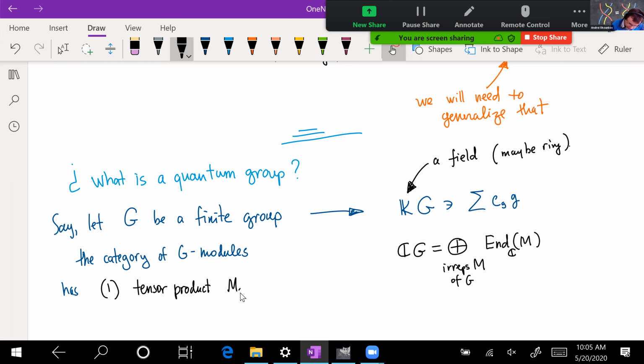So when you have one module and another module, you can form their tensor product. And that tensor product has a unit. This is maybe the trivial one-dimensional representation.